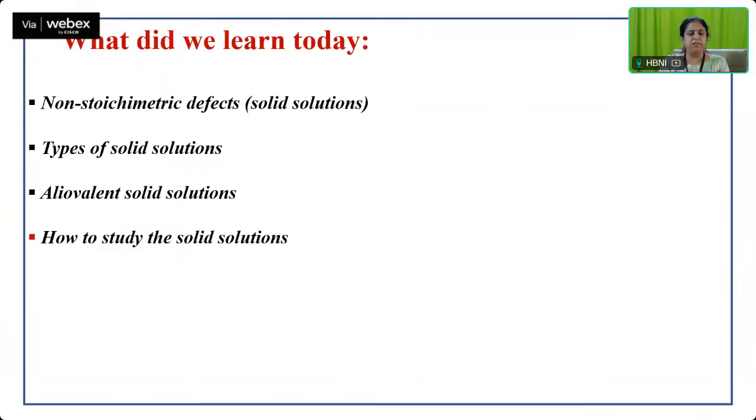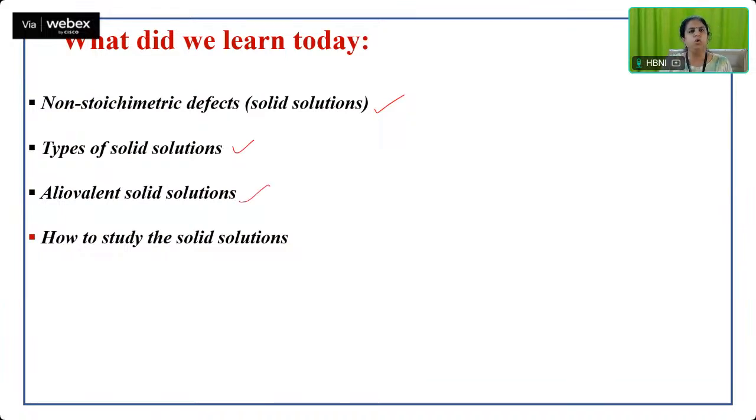Okay, so what did we learn in this particular lecture? What exactly is a solid solution? We know that these are the non-stoichiometric defects that we create deliberately, and hence they are called extrinsic defects. What are the different types of solid solution? Substitutional, interstitial. What are complex solid solutions?